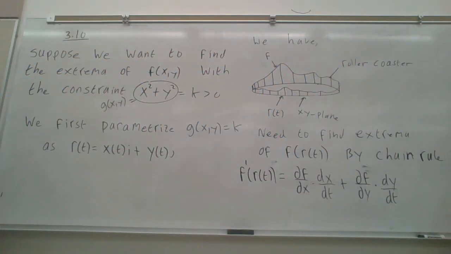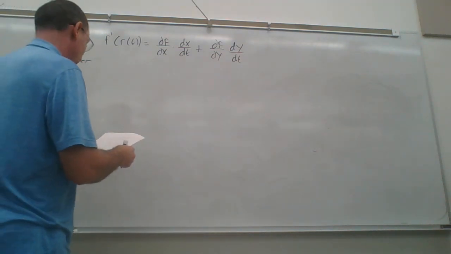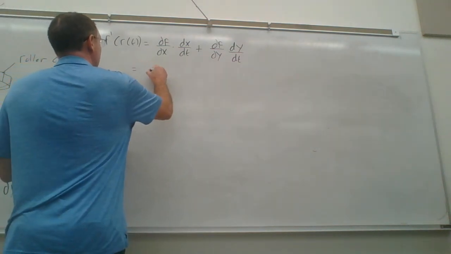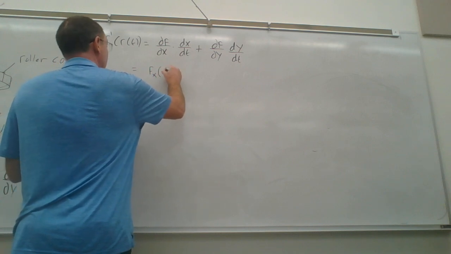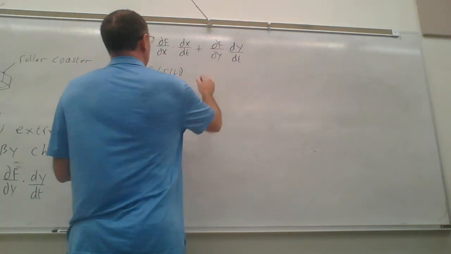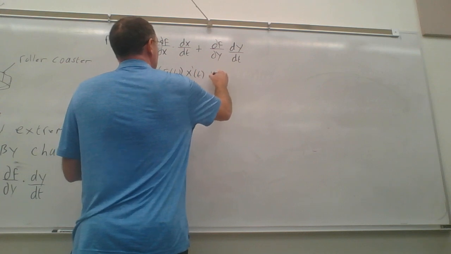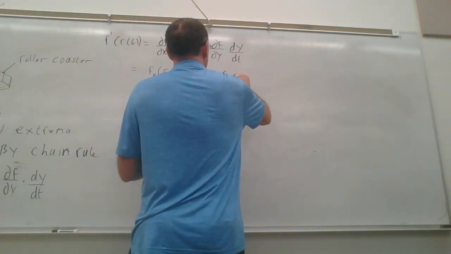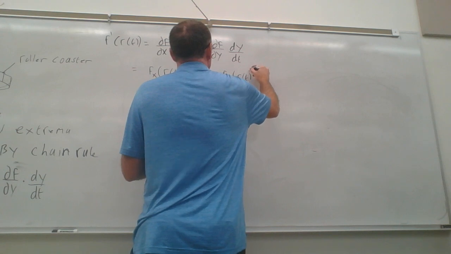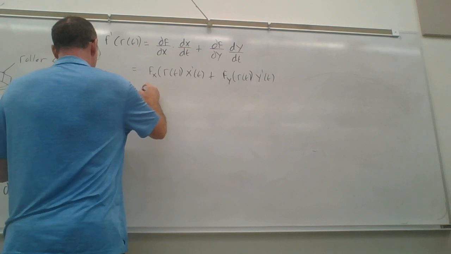Okay, so let's keep going. We wrote it up here, so then we can write this as f_x evaluated at r(t) times x prime of t plus the derivative with respect to y at r(t) times y prime of t. We can then write this as the gradient.